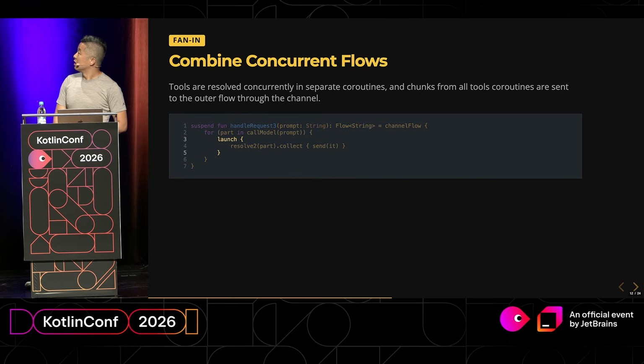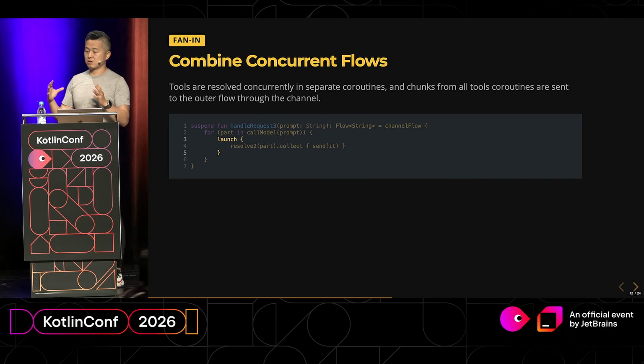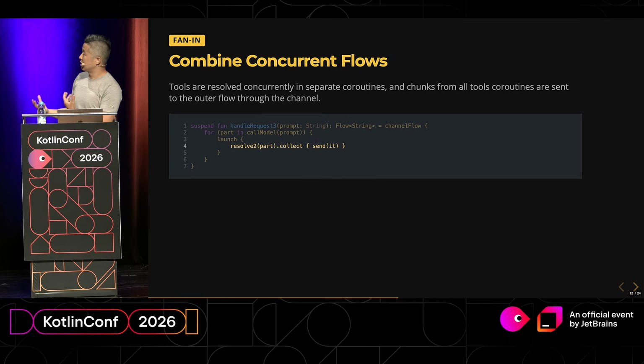What's significant here is that we add a launch call within the channel flow. Remember, channel flow starts a flow and starts a channel as a communication mechanism, and each of the sub-coroutines launched by this channel flow has access to that channel.